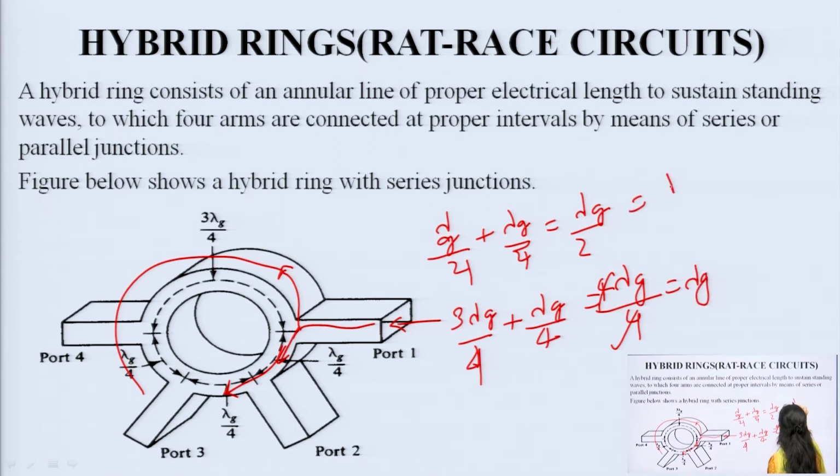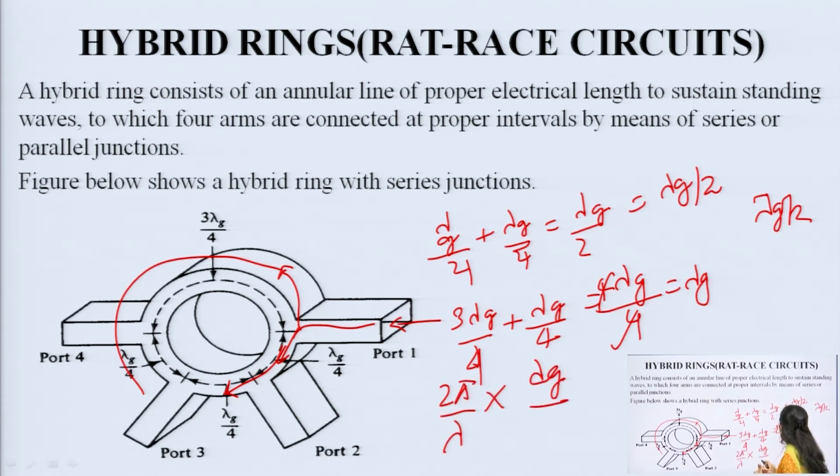And here it is lambda g by 2. So, what is the difference? The difference will again be lambda g by 2, and when we talk about the phase, it will be equal to pi, which is equal to 180 degrees.